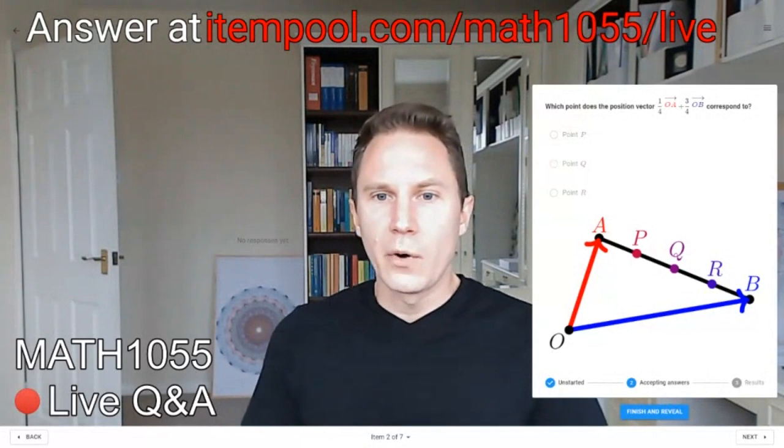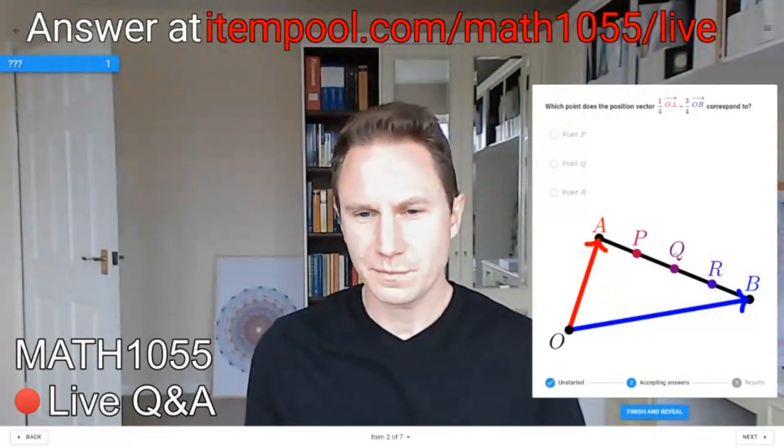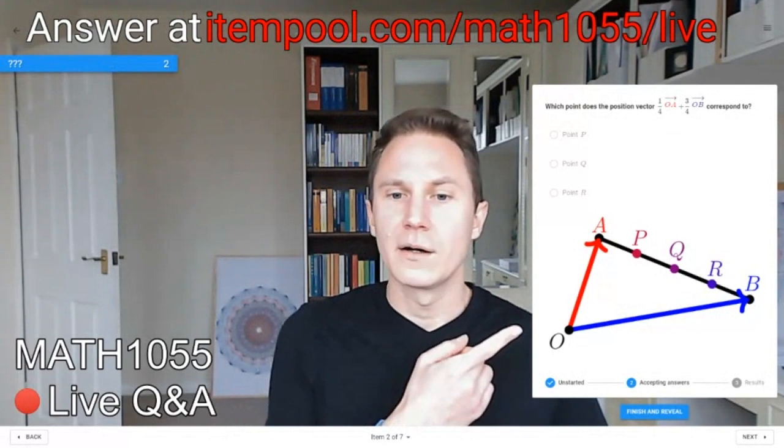So which point does the vector 1/4 of OA plus 3/4 of OB correspond to? And you can see this figure right here.